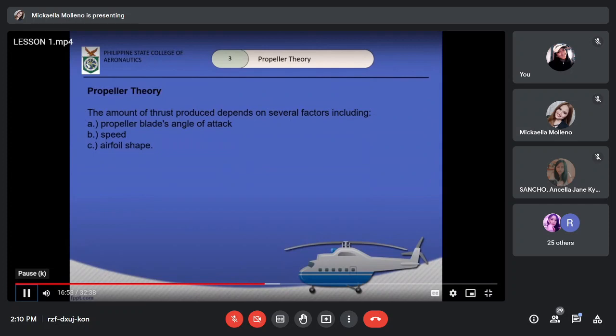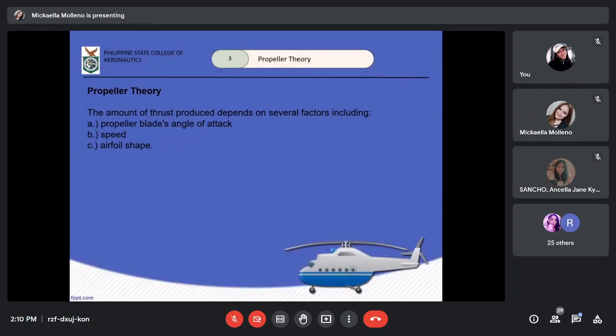Direction of the relative wind is determined by what? The speed of the aircraft. This is determined by the speed that the aircraft moves through the air and the rotational motion of the propeller.